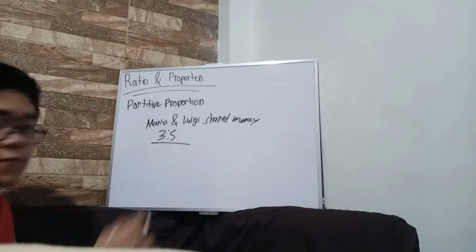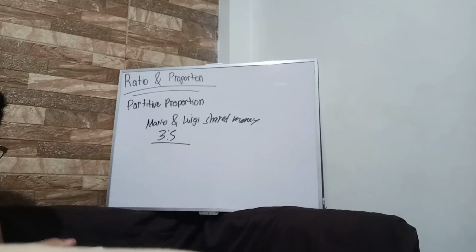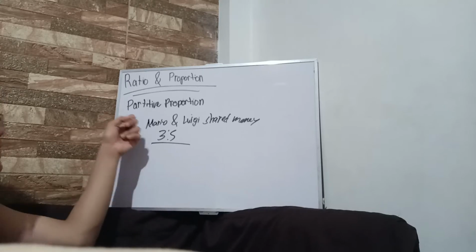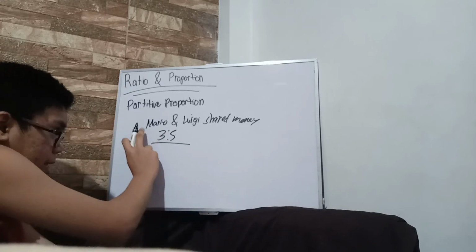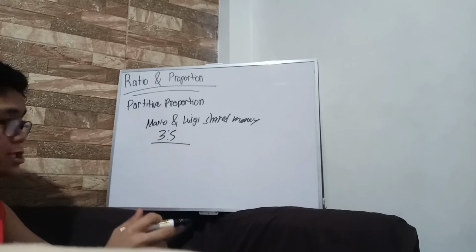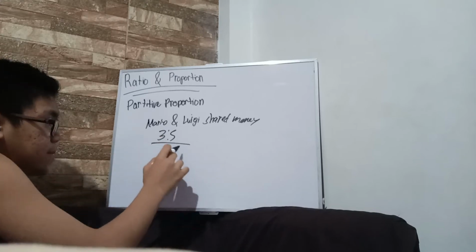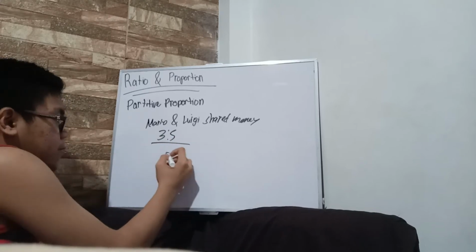First, we're going to read the meaning of partitive proportion. The meaning of that is the total amount. So you will add what Mario and Luigi shared. 3 plus 5 is equal to 8.